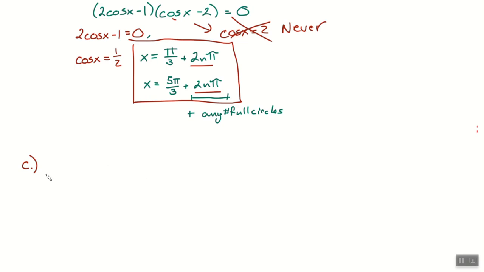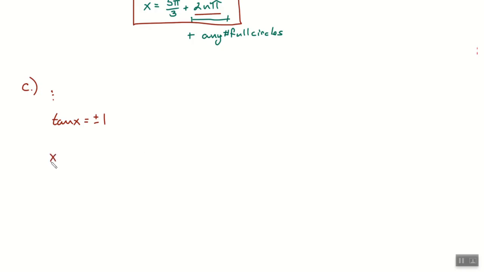Okay, so I'm just going to jump in. We had tangent x is equal to plus or minus 1. Now, it takes practice. Help me write the 4 solutions first. x equals pi fourths plus what? Do you agree that any full circle... and this is going to get tedious, and I'm aware of it, but I'm hopeful that we can all agree that if there's an easier way to write all these, we should probably take it.